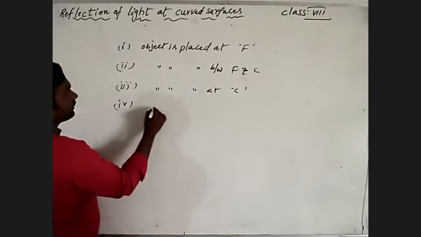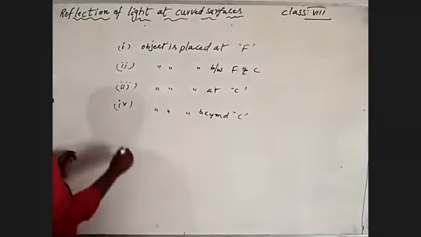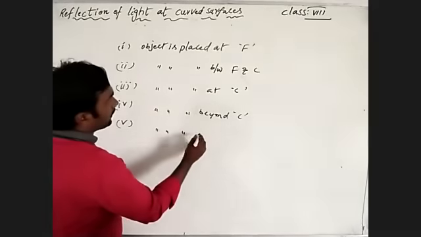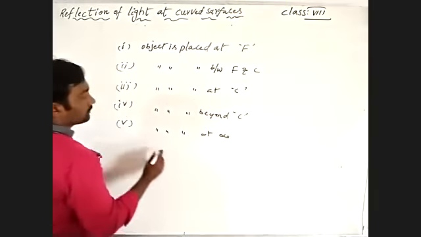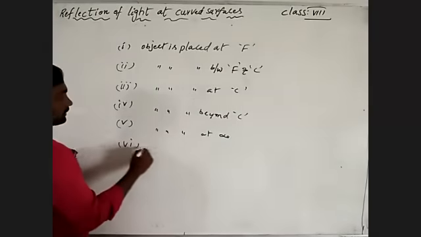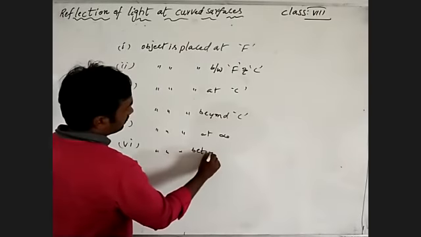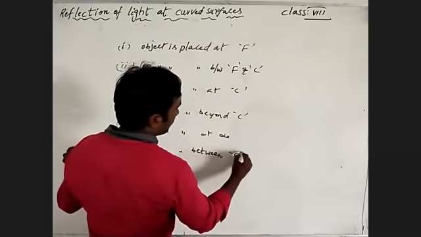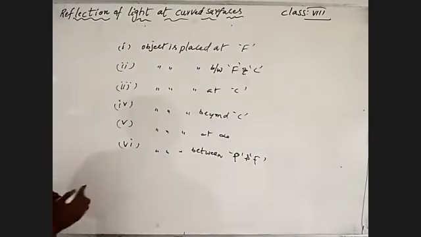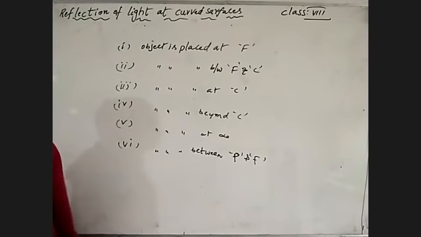Fourth, beyond center of curvature. Fifth, at infinity. And sixth, between pole and focus. These are the six places of an object we discussed.